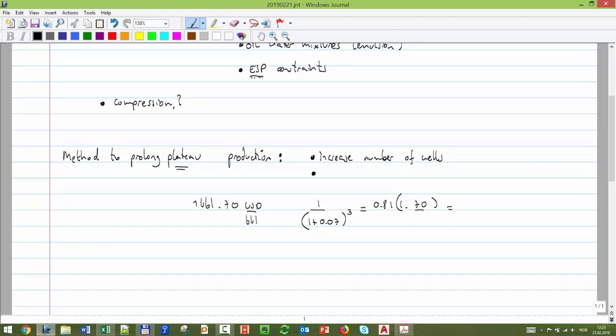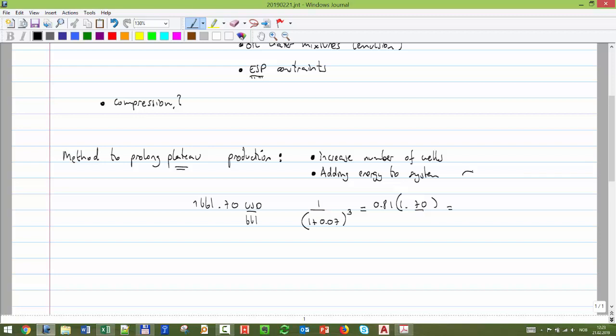So what else can we do? We can increase the number of wells, we can somehow increase the productivity, right, the available pressure. How do we do that? How do we make the available pressure bigger? We can use boosting, but that's actually adding energy to the system. I'm going to put it here, adding energy to the system.